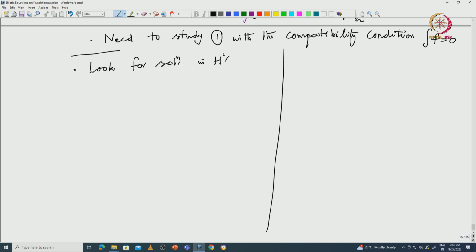I will again elaborate a little bit, though we have discussed the general case of W^{m+1,p}(omega), but we will do it with the fact that integral of f equal to 0. Now, can we prove existence and uniqueness in this space?